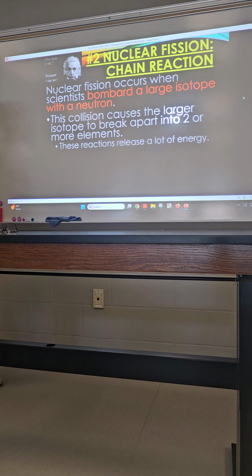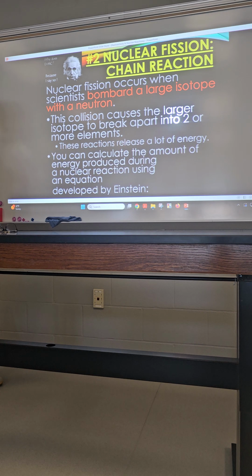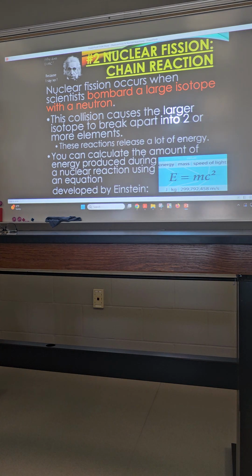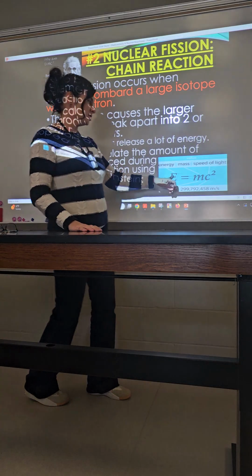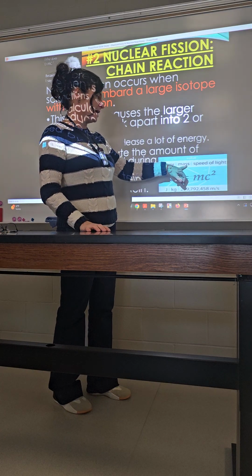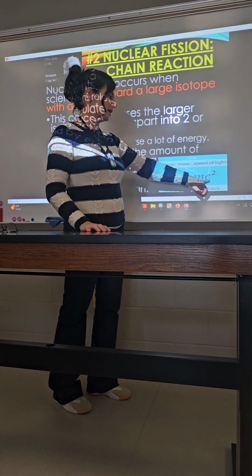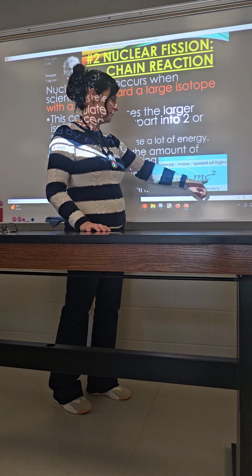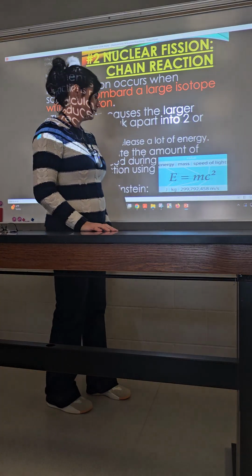And these reactions release a lot of energy. The amount of energy produced during one of these reactions can be calculated using Einstein's famous equation, E equals mc squared, where E is the amount of energy produced if you take the mass and multiply it by the speed of light squared, which is the c squared.